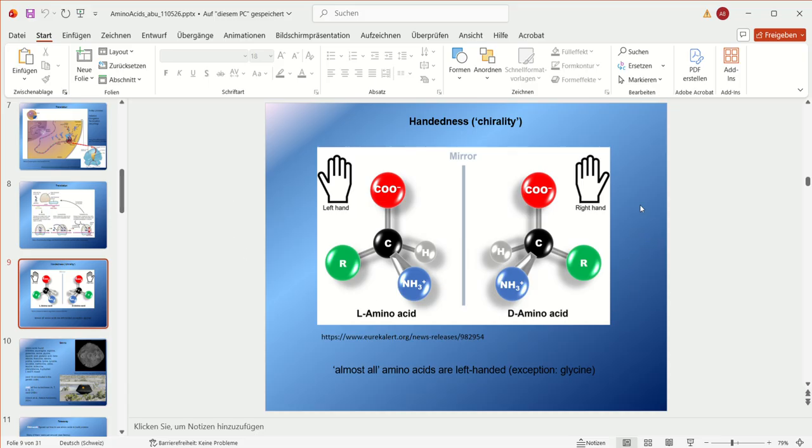But for the proteins, it is also a marker, because if you are looking for biologically built amino acids, they will be on a planet, they will be of one type, either left-handed or right-handed. It's more or less accidental which one.